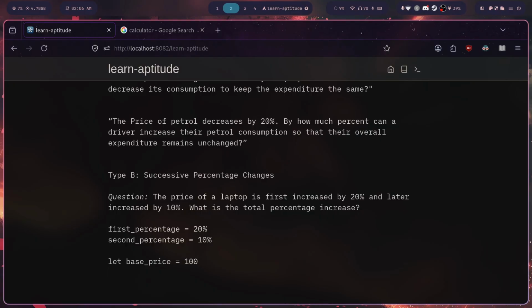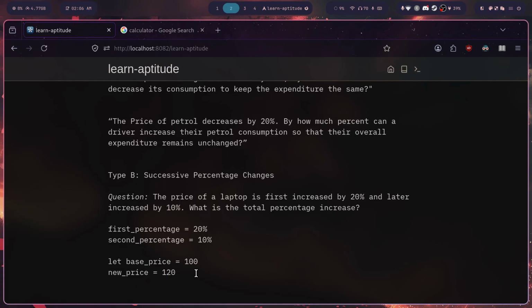Now if I increase it by 20%, it will result in 120, and if I again increase by 10%, then 10% of 120 will be 12.